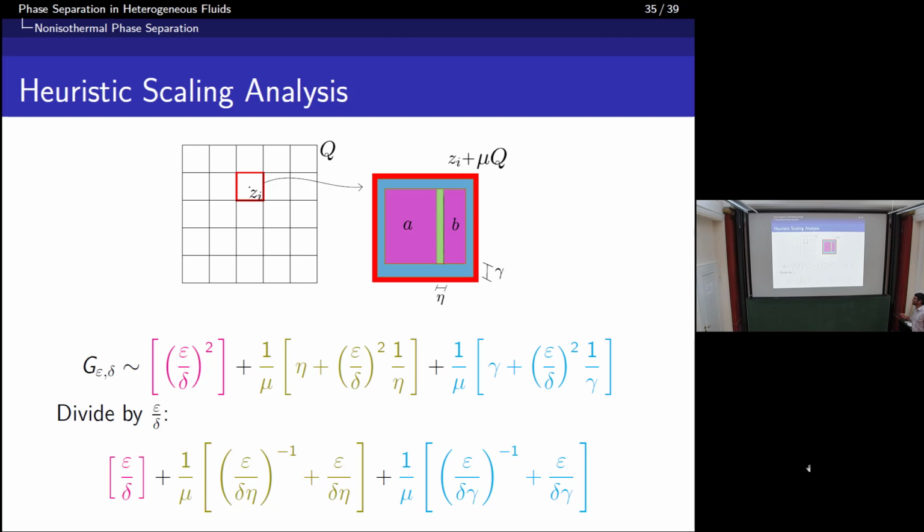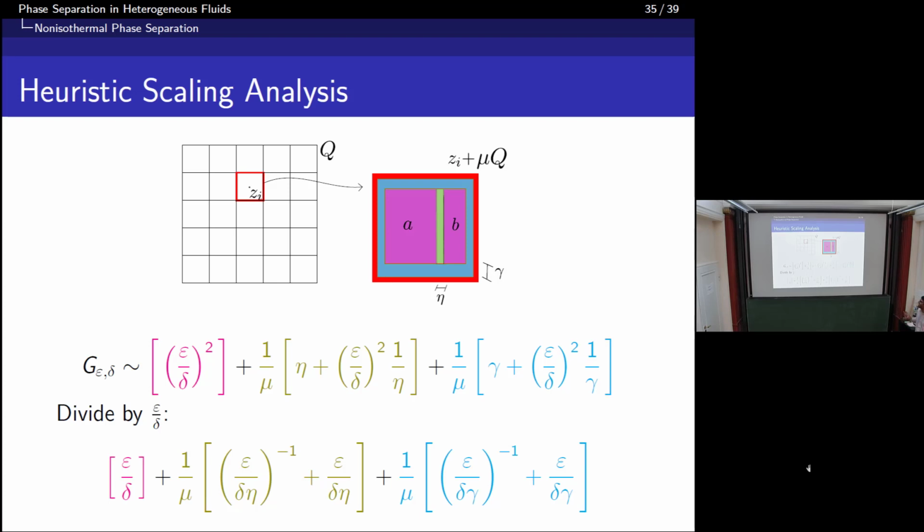Something to notice is that if you divide by epsilon over delta, which is also the scaling that you get in the Braides-Zeppieri paper, you never see the bulk energy because the bulk energy goes to 0. You only see these interfacial energies, and they have a Modica-Mortola form in that you have something inverse plus something, so you're forcing everything to be constant here. So the right scaling, per se, is epsilon over delta.